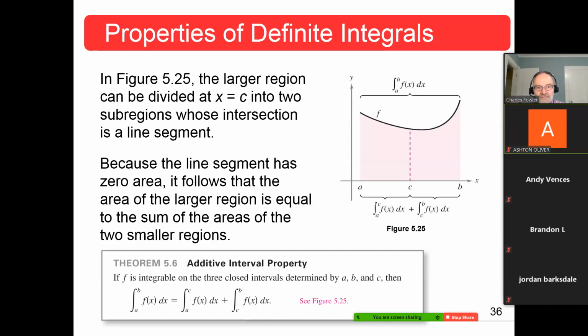In this figure, the larger region, this region here from A to B of this function f, can be divided, if you wanted to, at C. As long as C is somewhere between A and B, you can divide the region there and do the integral from A to C of f of x dx, and then add to that the integral from C to B, because this area plus this area is equal to the complete area in between.